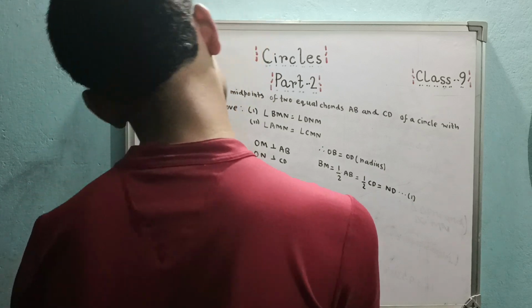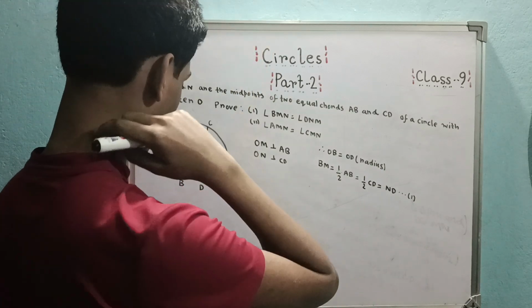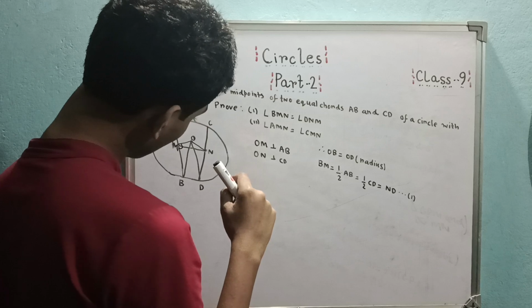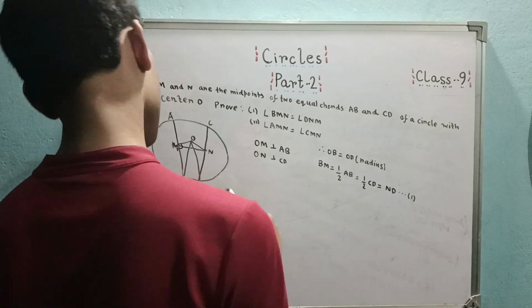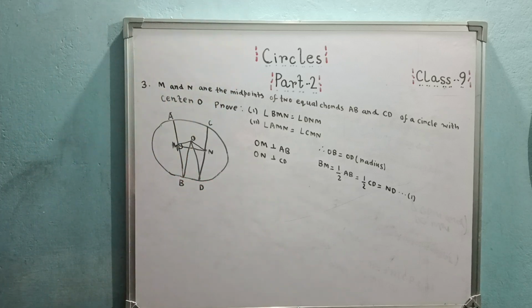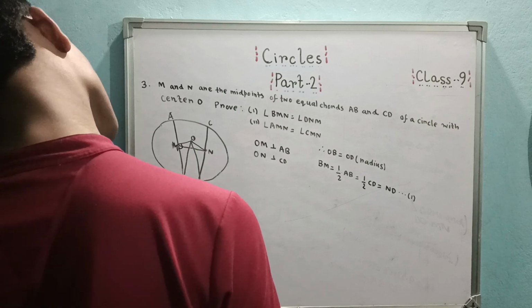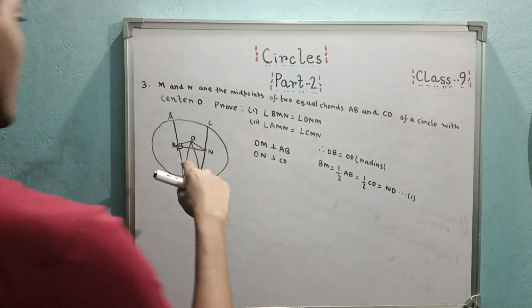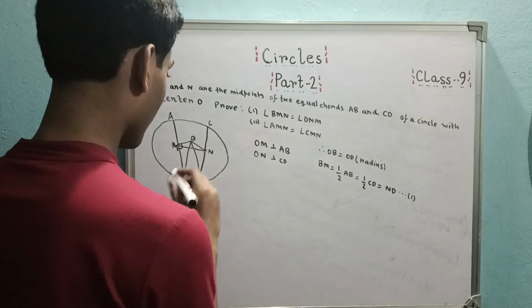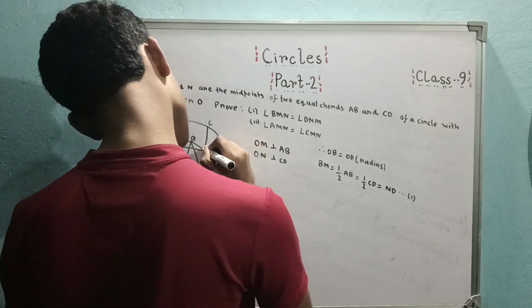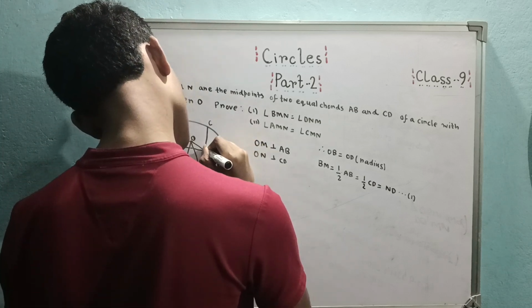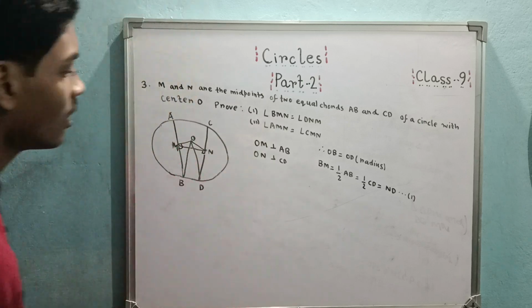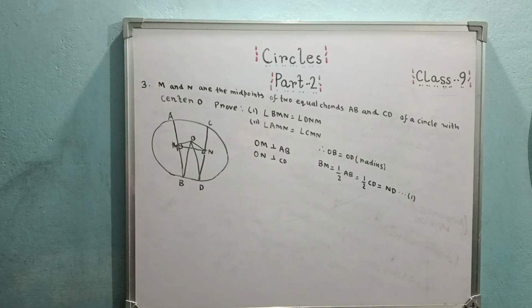Similarly here, this angle ON, this is also a right angle. That means, to summarize, OMB and OND are right angle triangles.